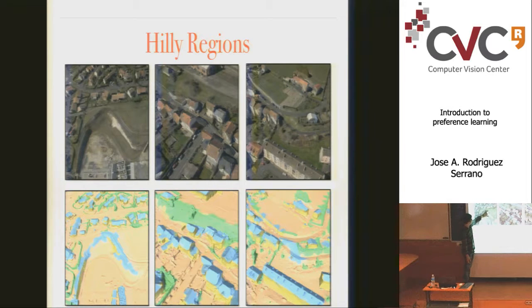And since the local elevation tells you that here is higher than this part, it's more likely to be ground here, roof there, and facet in the middle. So that's why you have this strong method. I've just shown this example to highlight that this hilly region could really be a problem.